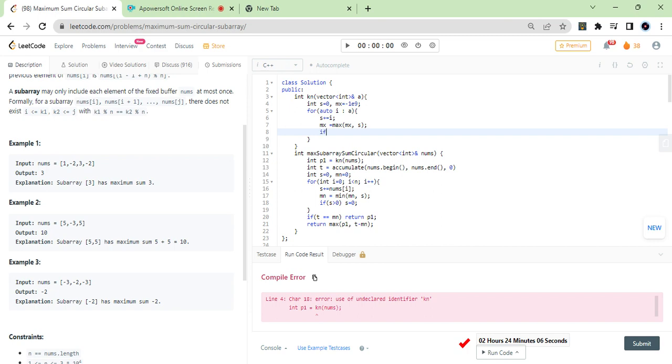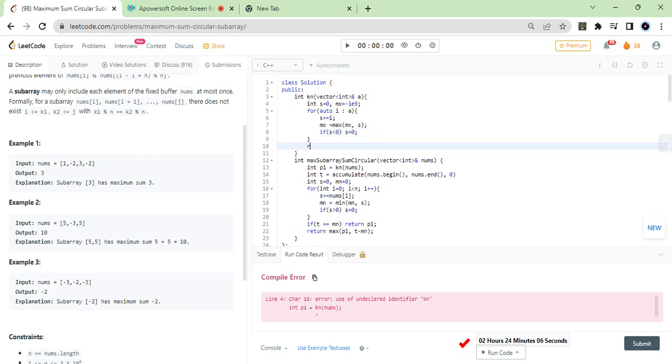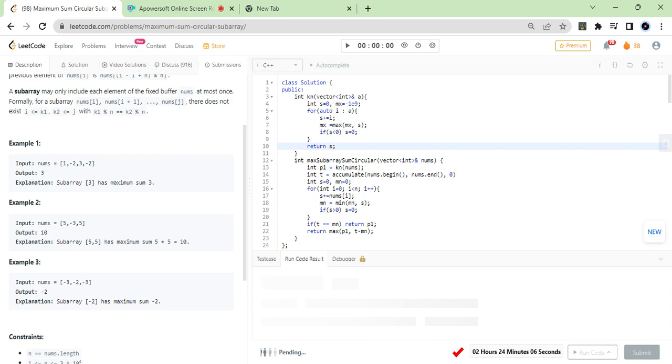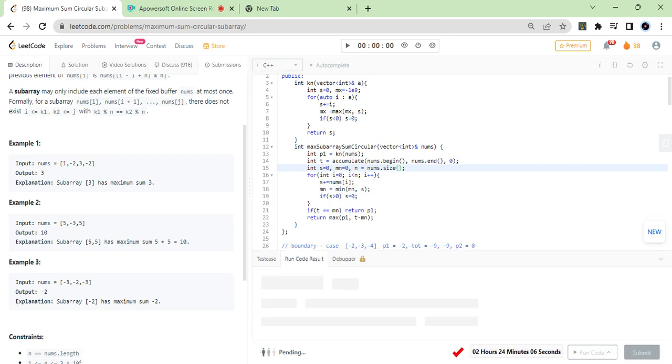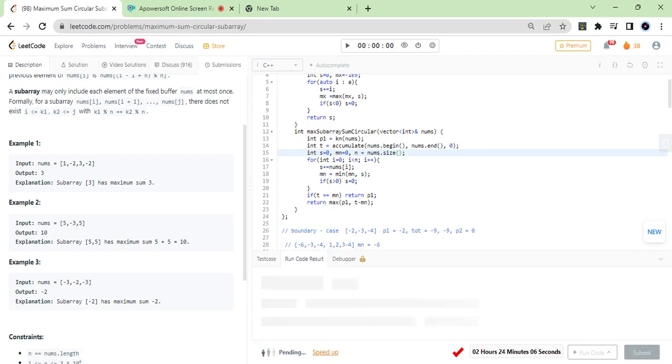If s is negative, then s is equal to 0, and you have to return s. I think that should work. n is not declared, I think so. nums dot size. Anything else? I don't think so.